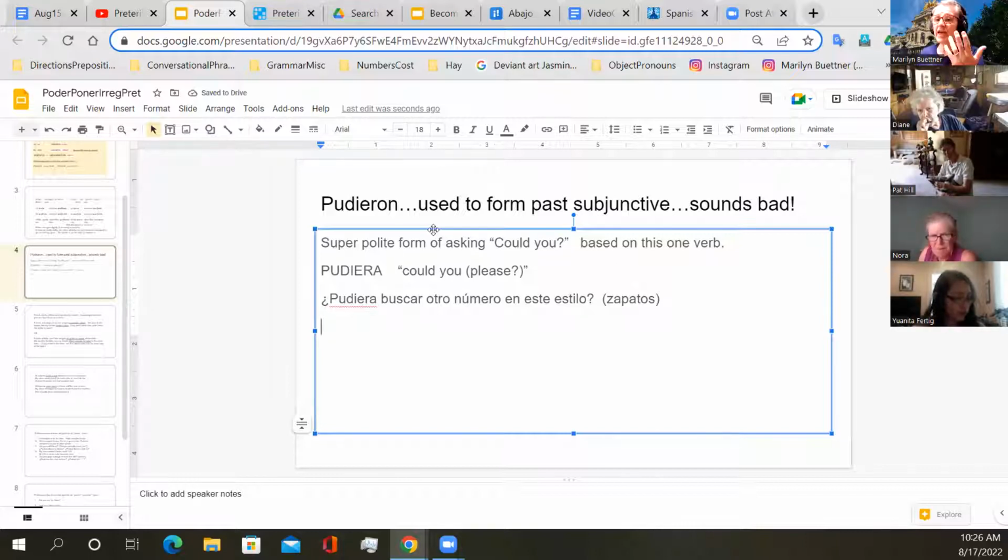Pudiera is super polite. And it says, could you please? Pudiera buscar otro número, okay? Bien. So pudiera is used as a super polite, could you do something, when you're asking a question.